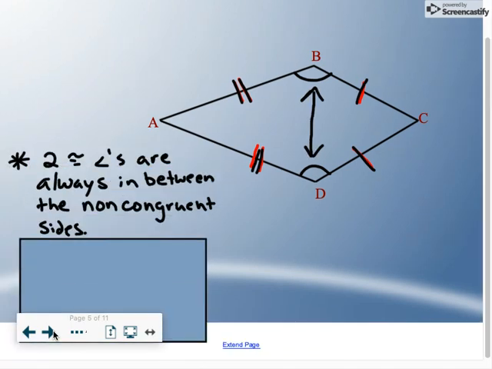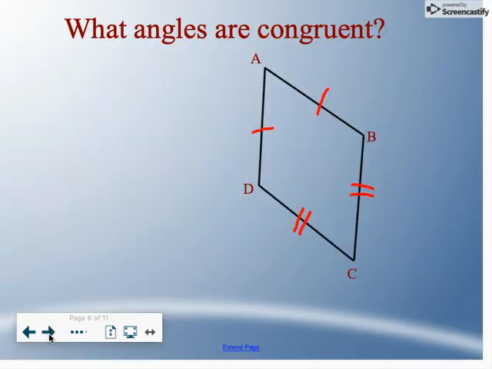That's what this says: two congruent angles are always in between the non-congruent sides. We look at this one again, one more quick one. Which angles are congruent? Again, the angles in between the non-congruent sides.